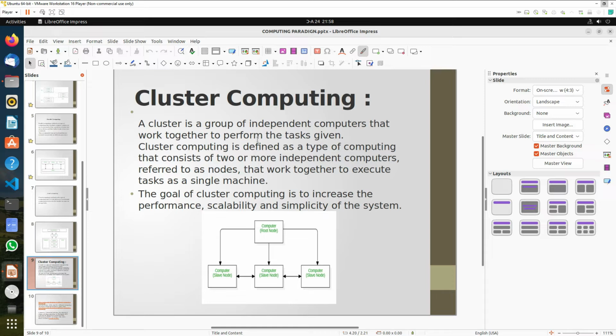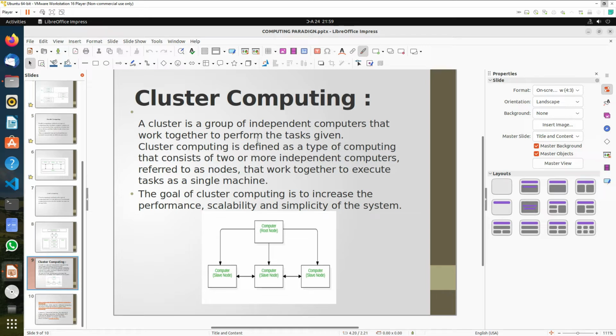These computers work together as a single machine. You get it? In distributed computing, the problem is shared among them, but in cluster computing, they work together as a single machine. So even if you have 10 system units, with cluster computing they are identical systems. They work together as a single machine to compute a problem.